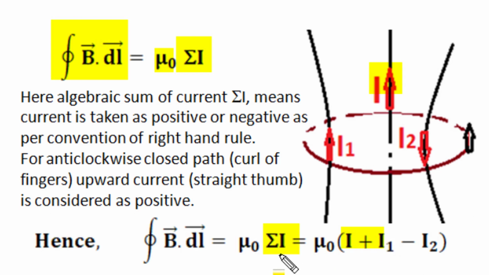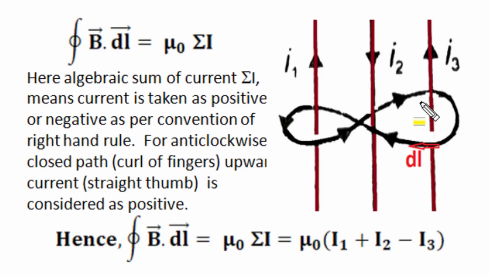So this algebraic summation of enclosed current will become I plus I1 minus I2, and only those currents should be considered which are enclosed. Any current which is outside this boundary will not be considered in this algebraic summation of current. In one really difficult problem, the examiner can change the orientation of the loop as shown here.